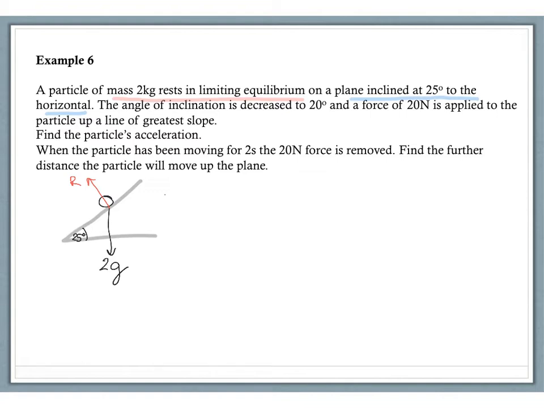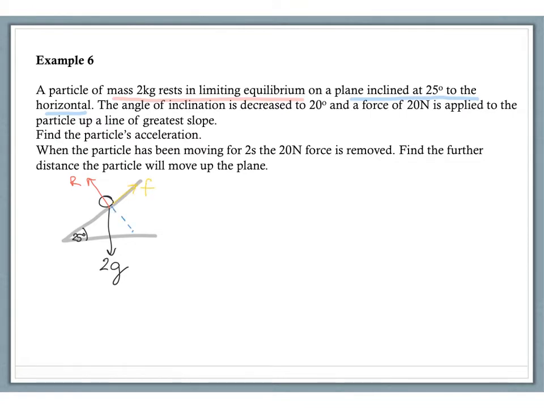Now, it's in limiting equilibrium. The weight of the particle will essentially be trying to move the particle down the slope. That means that the frictional force must be acting to oppose this motion up the slope.